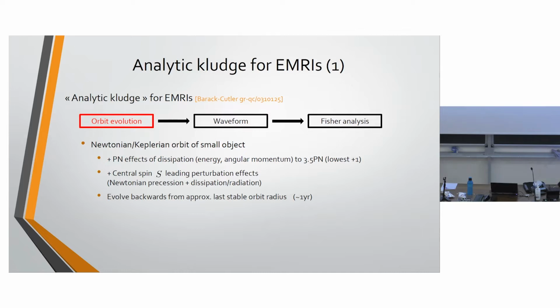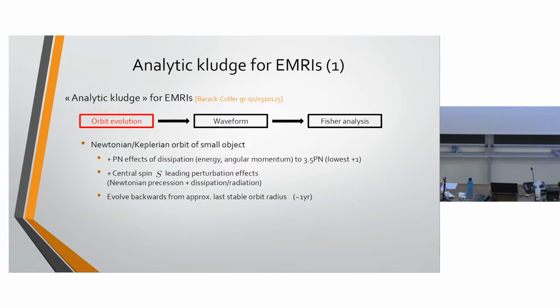This 1 year is conservative, and this is going to be a recurrent theme: we're making conservative estimates of everything we put in. You might expect or hope to have EMRIs detected that have a lot more than 1 year of data, for example. Okay, so that's how we evolve our orbit.